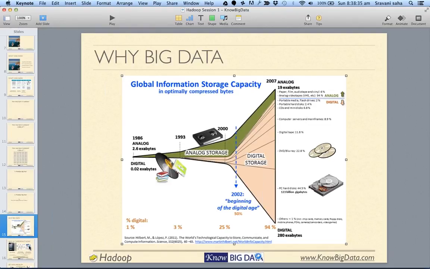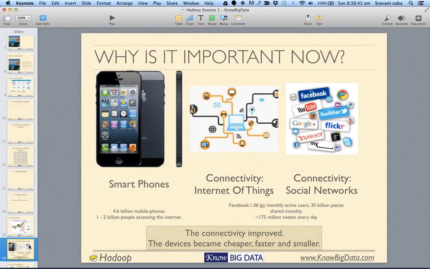All right. So why did it suddenly start expanding in 2002? The reasoning behind that is smartphones and connectivity, meaning hardware and connectivity. Every device manufacturer's objective has been to build devices which are cheaper, faster, and smaller.